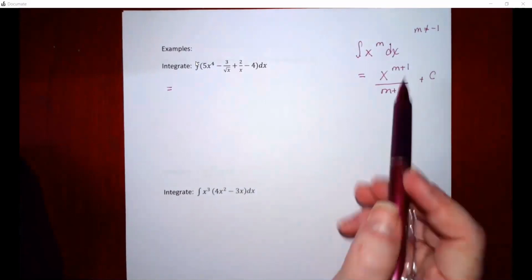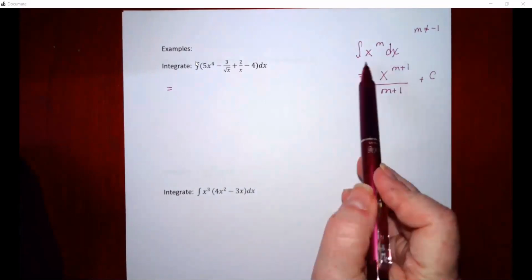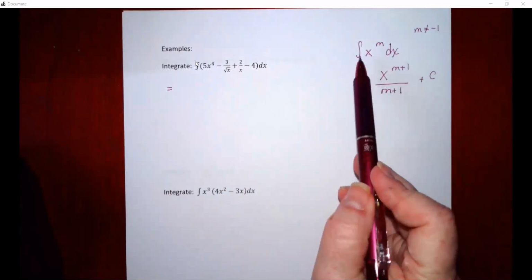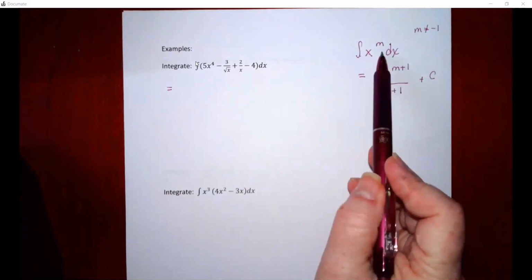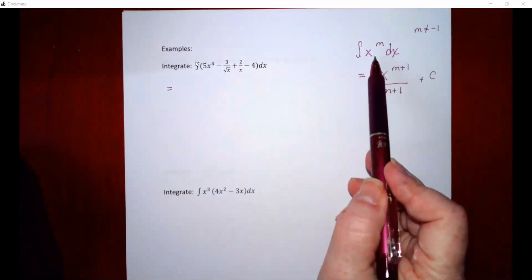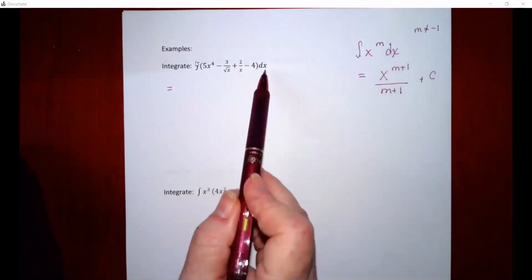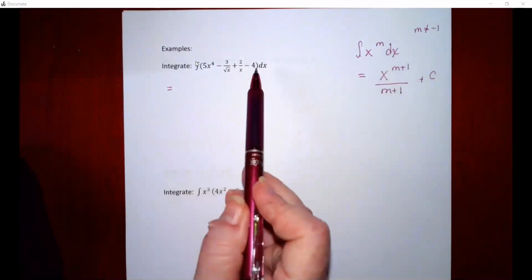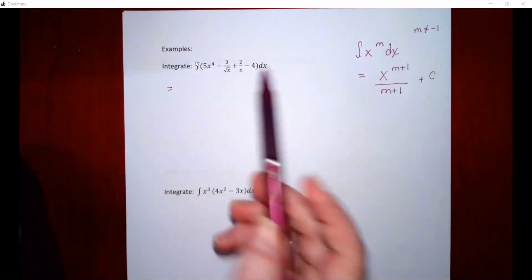But the point is, this integral form is written as x to a power, not in radical form. So one thing I would do is make sure any radicals that I have here are written as exponents. So quick review.